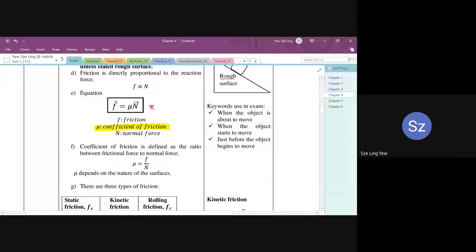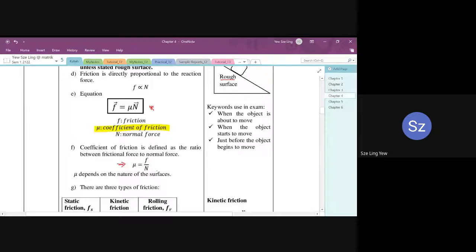So the coefficient of friction is defined as a ratio. If you look at this equation, the coefficient of friction is the frictional force divided by the normal force. Force divided by force means your coefficient of friction is a dimensionless quantity.